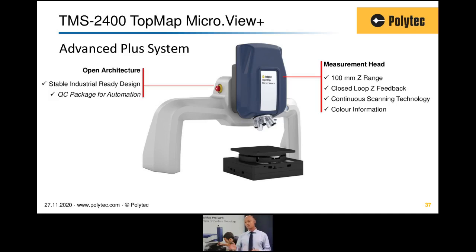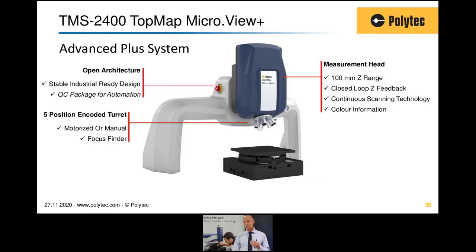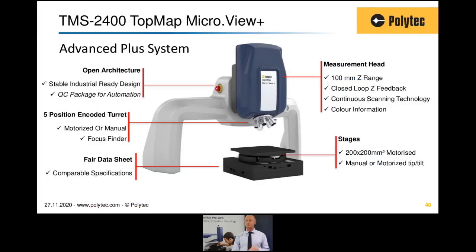And again, this is all backed up with our continuous scanning technology. We have now added color information capability, so we can offer color representation onto the data. Again, you've got the turret, you've got stage options, and we've got the FAIR data sheet.